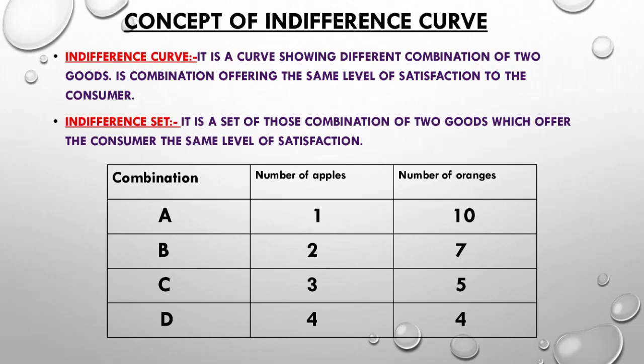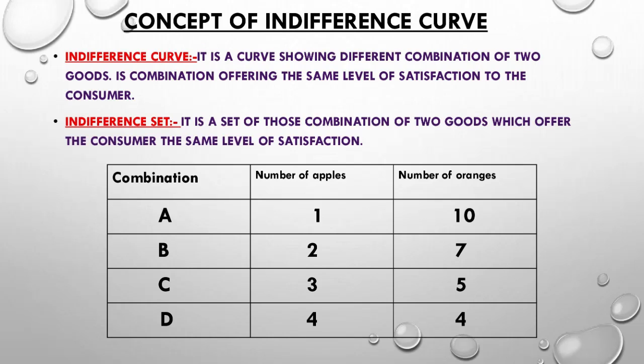To explain this definition, we take a table with three columns: combinations, number of apples, and number of oranges. We have four combinations A, B, C, D, number of apples 1, 2, 3, 4, and number of oranges 10, 7, 5, 4.